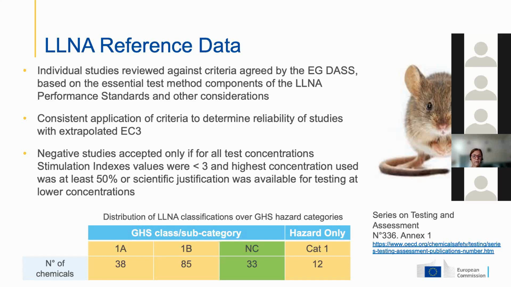For evaluating the performance of the DAs for GHS classifications, at the end we came up with 156 test chemicals that were used, because for 12 chemicals it was not possible to assign with sufficient confidence the potency subcategorization on the basis of the LLNA data. Nevertheless, these 12 chemicals were used to evaluate the DA's performance for hazard identification.